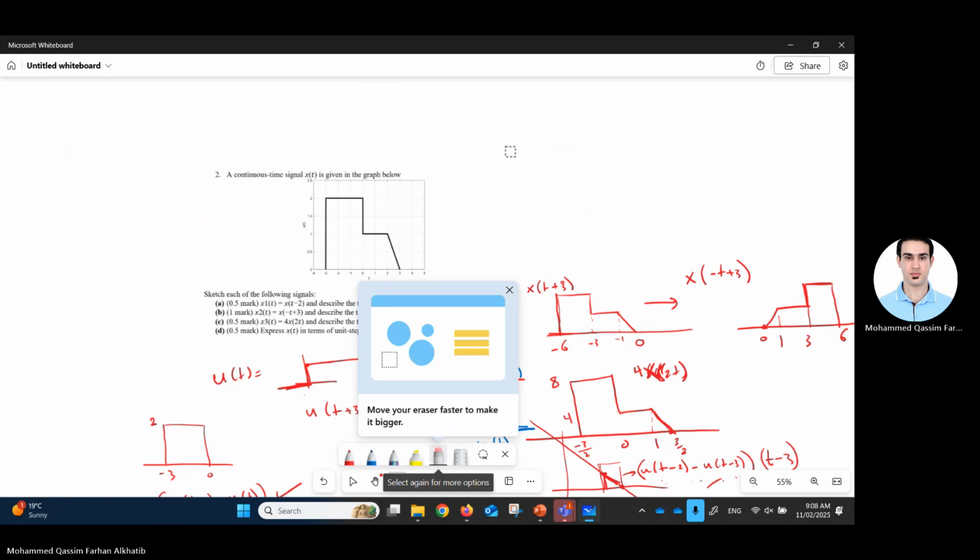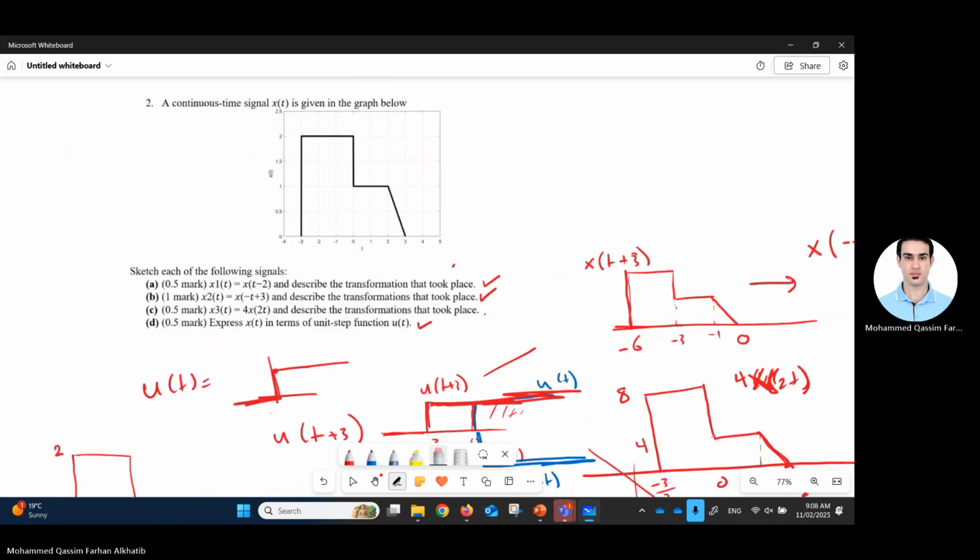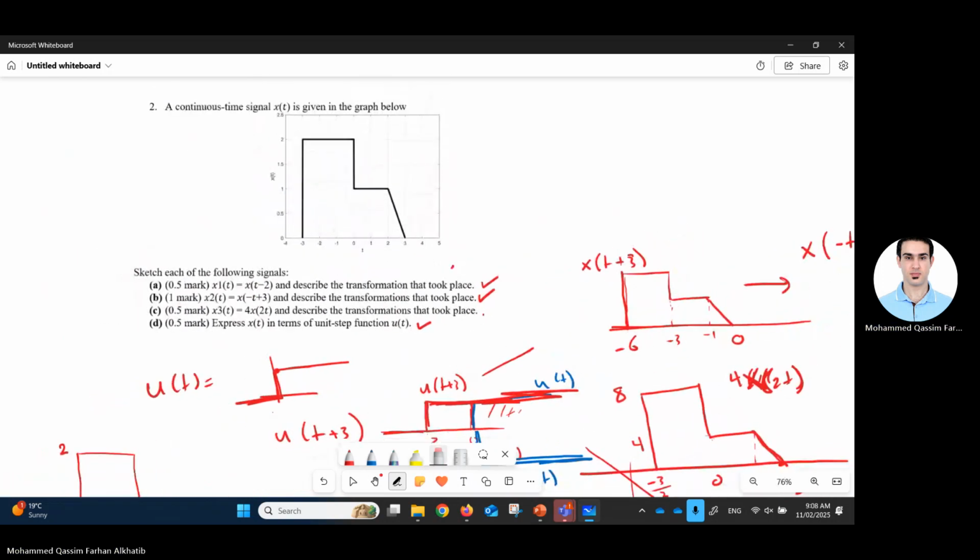All right, so in the exam, expect something similar to these requirements, where you have to do some manipulations like time shifting, reversal and shifting, scaling.